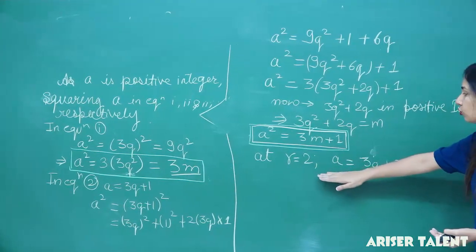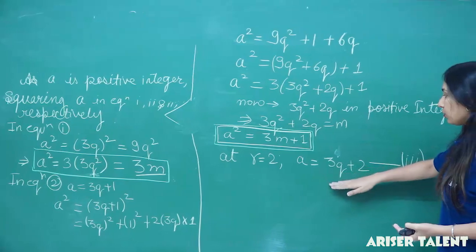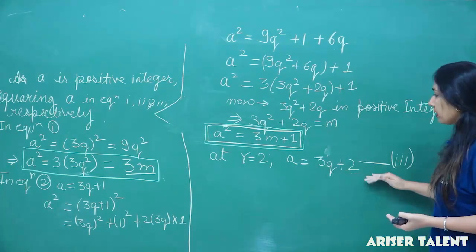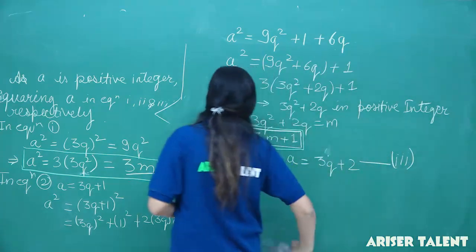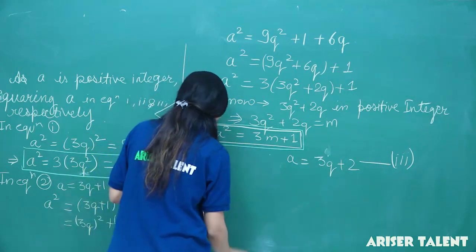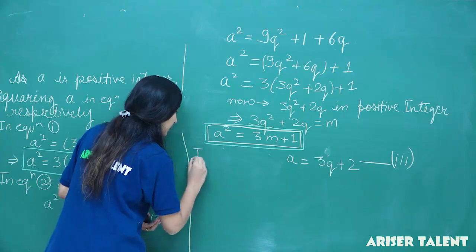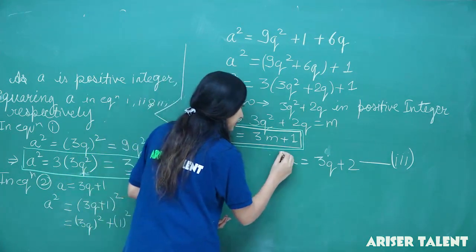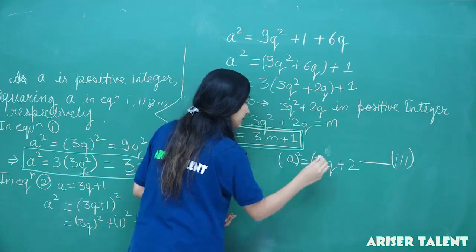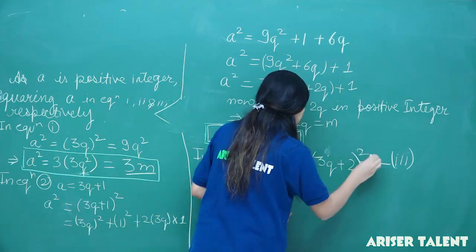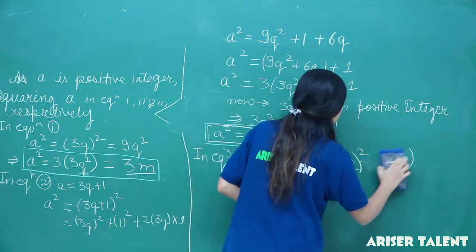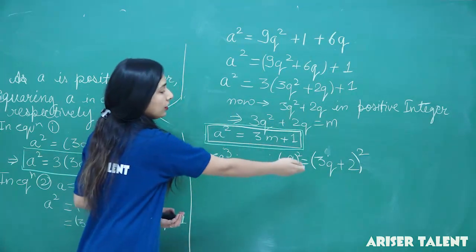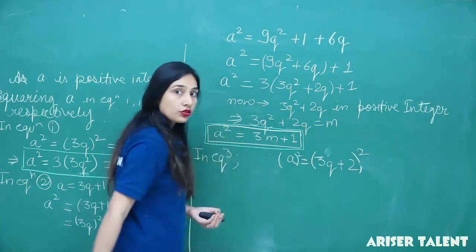At r equals 2, a equals 3q plus 2. So in equation 3, a square will be 3q plus 2 whole square.